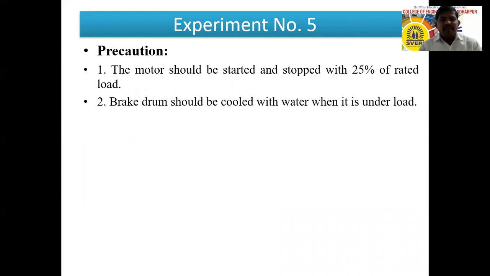At a minimum value of current or at no load, the speed of the DC series motor can become very high, huge speed. Due to that, the machine brushes or commutator segments can be damaged. So some load should be put on the DC series motor.